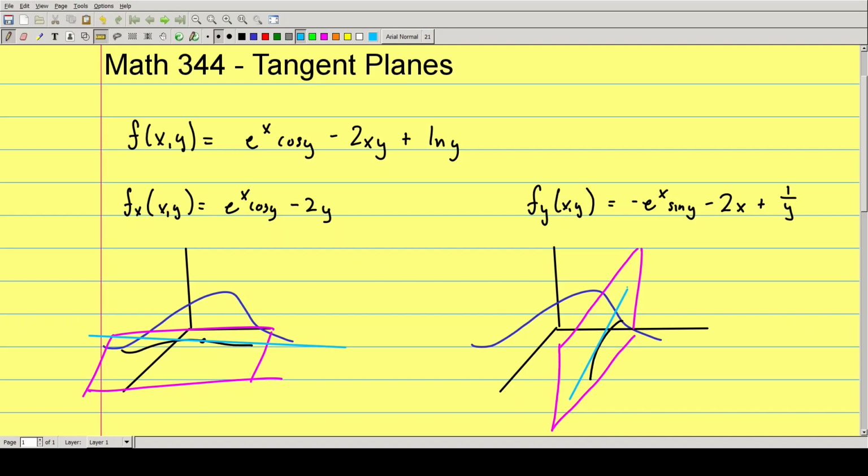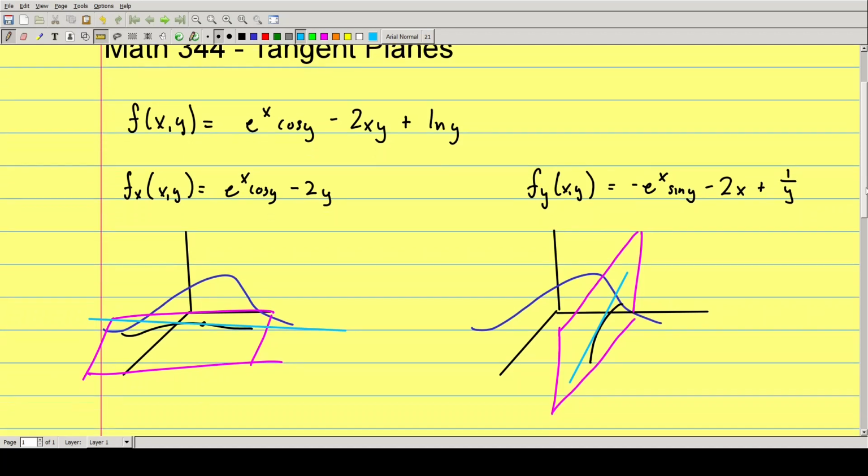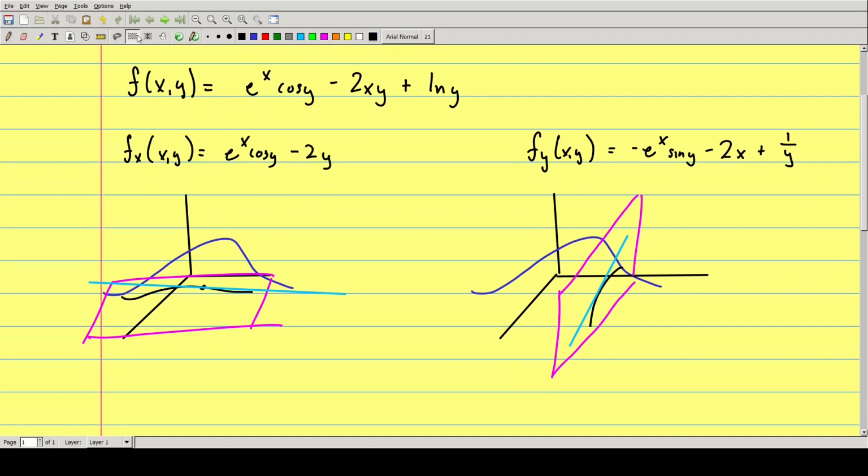Now, there's one thing I have to change about this. These pictures are in the wrong place, right? This is the picture for y. So let me fix that.